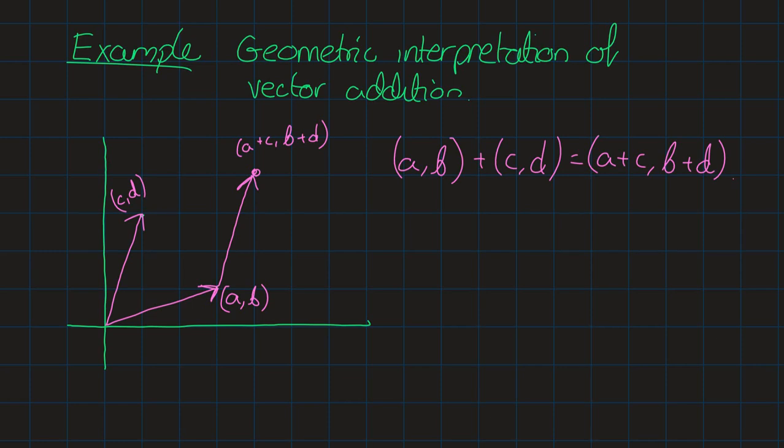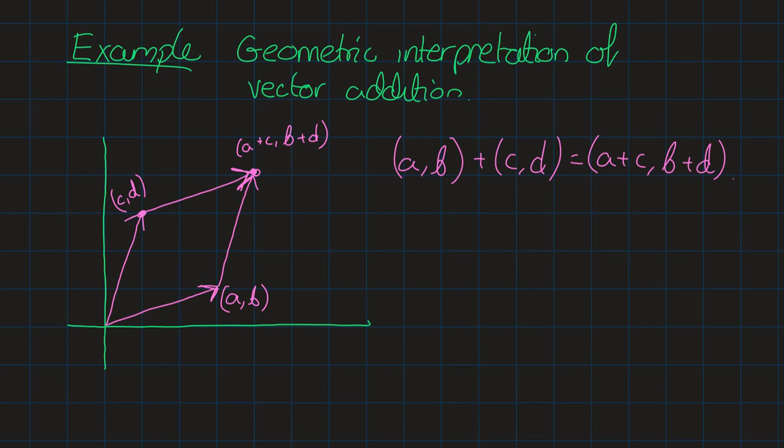Well, there's no reason why I needed to do it this way round. I also could have done the symmetric thing and take this vector and put it here. If I was to do that, then it would actually line up perfectly. Like if I take this bottom vector and I move it up so that it starts there, it still lines up perfectly and you still end up pointing at the correct spot.